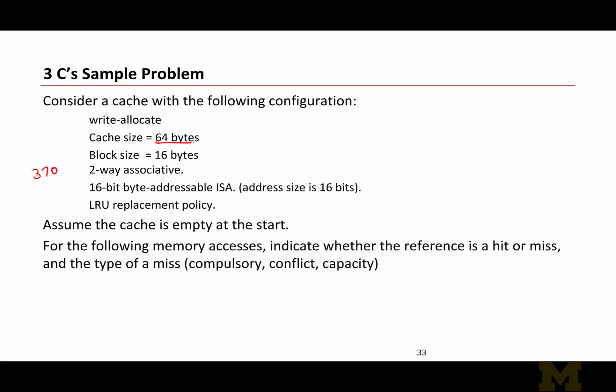It's a cache of size 64 bytes, and it has a block size of 16 bytes, which means that the number of blocks in the cache is 64 divided by 16, so it's 4 blocks. And it's a 2-way set associative cache. So what that means is I would take a 16-bit address that is given to be the size of my address, and the block size is 16 bytes, so that means 4 bits for my block offset.